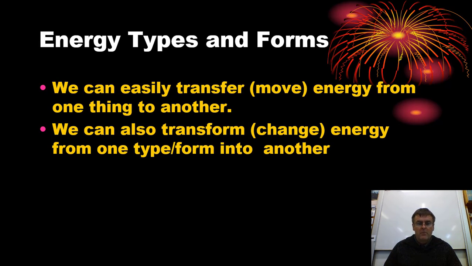At the moment, I'm taking chemical potential energy from inside of me, converting it to sound and motion as I'm talking to you. We take current electricity and turn it into light, into sound, into pictures on the TV. We can do this easily. We just can't make energy and we can't destroy it. We just turn it from one thing to another.